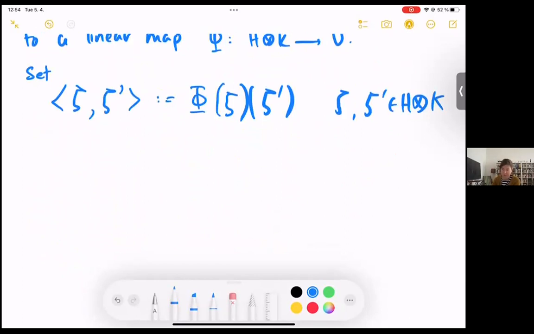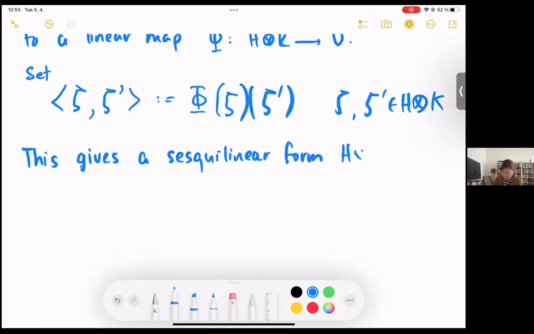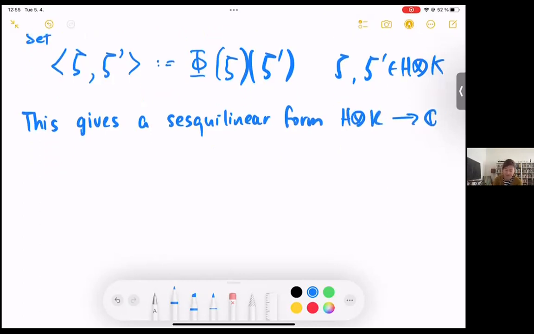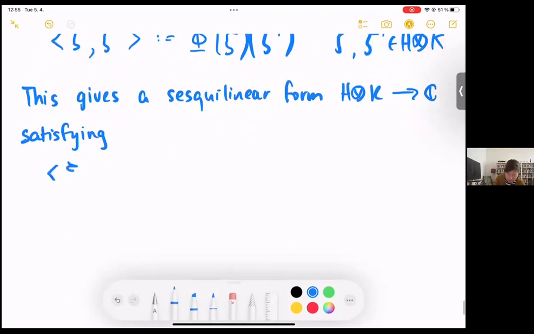So one can check relatively straightforwardly that this will give you a sesquilinear form. I'm running out of time, so I will leave the details to you. And by construction, it will satisfy this relation on simple tensors that we wanted.